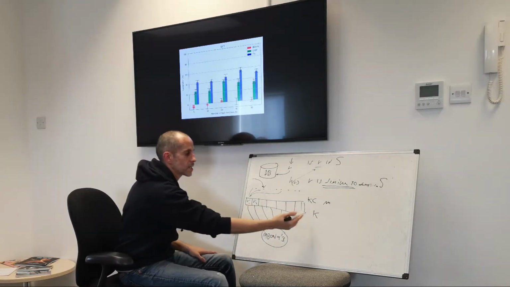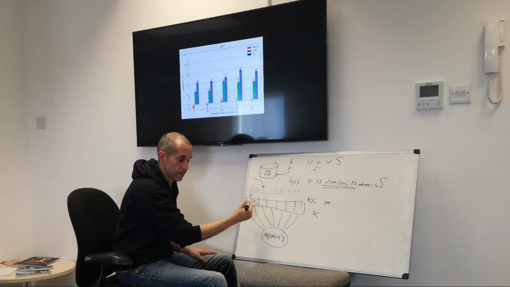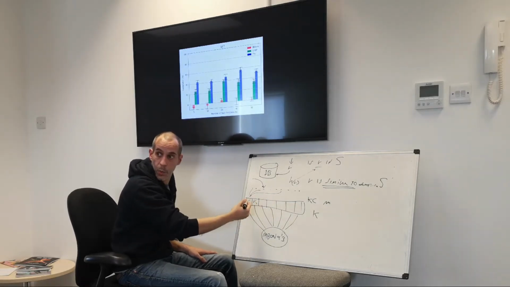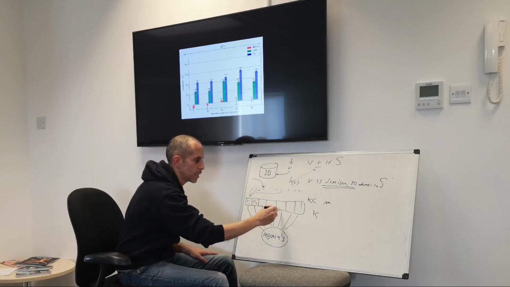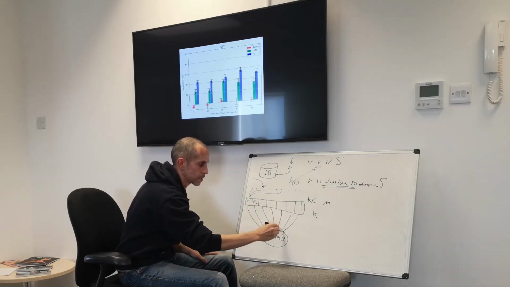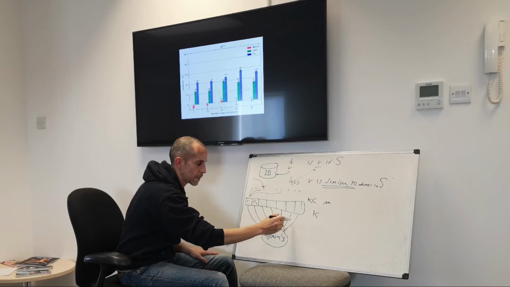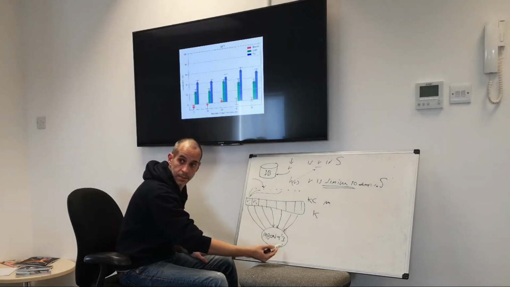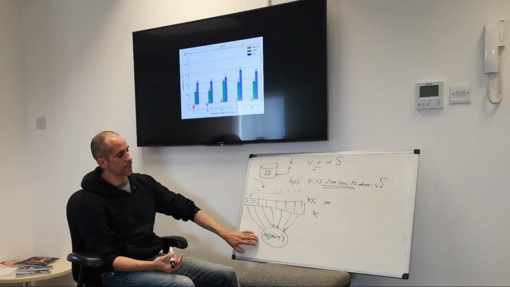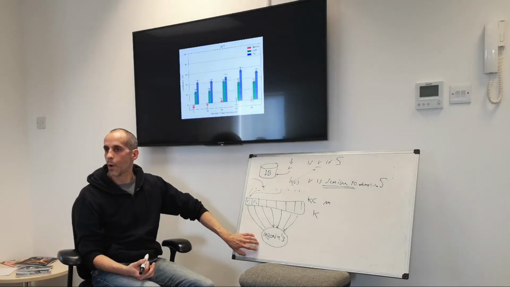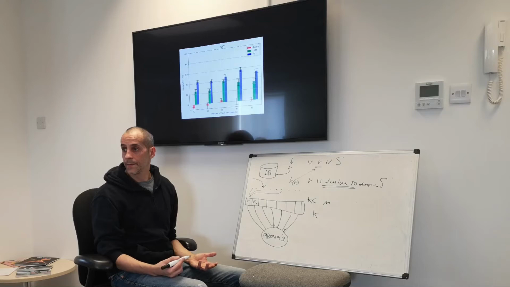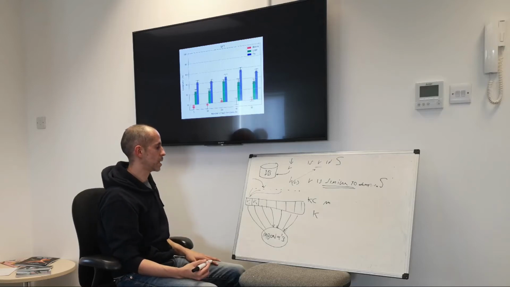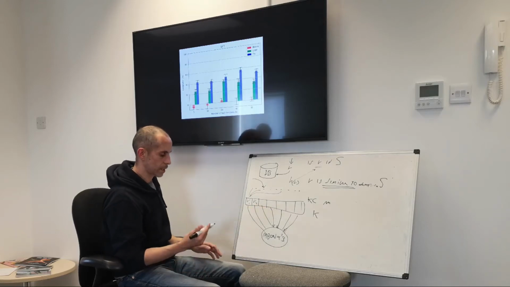The K cells that have the highest values, the K winners, will end up stimulating the synapses that go into this cell here. And this cell does the equivalent of looking at the novelty in terms of how many of these cells are activated.